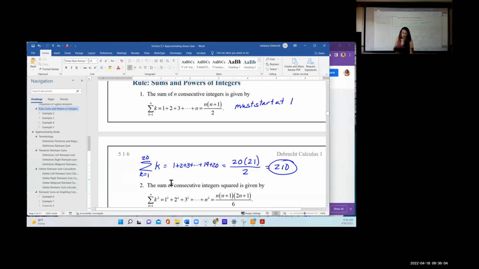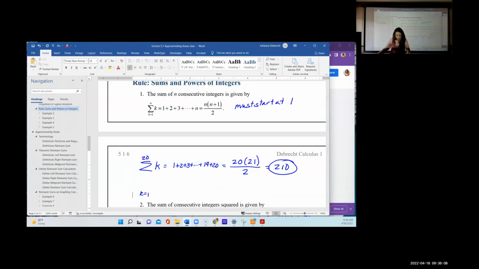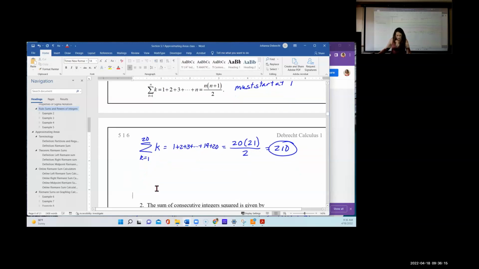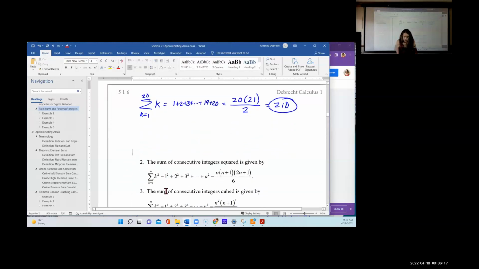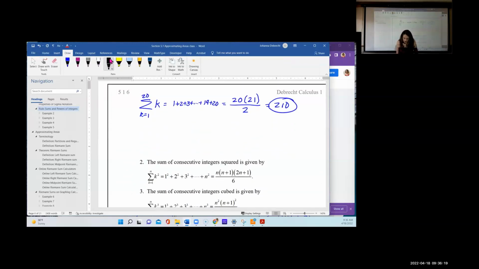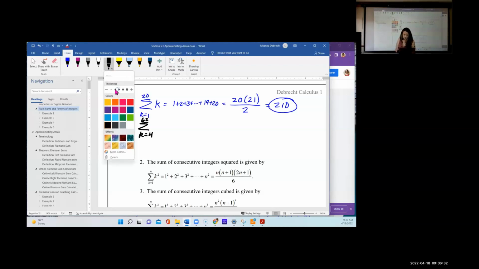So what are you going to do, for example, if instead of starting at 1, you have something that starts at, oh, I don't know, let's pretend. What if instead you have the sum from k equal 4 to 62? All right. What are you going to do if you have the sum from 4 to 62 of k?